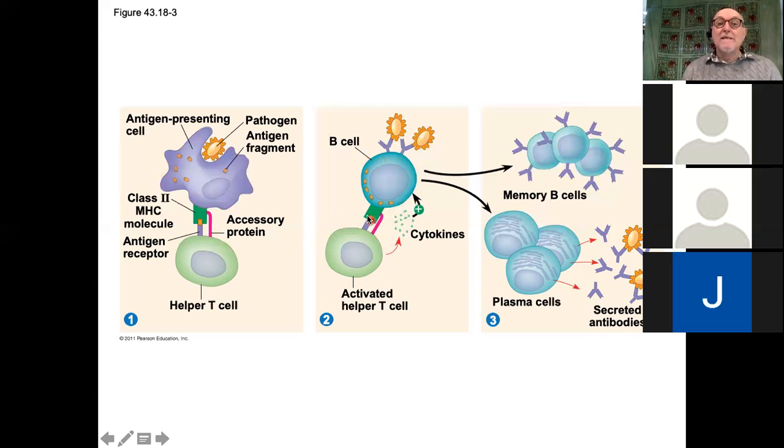The T cell matched that on the dendritic cell, cloned itself, and wandered around trying to match to B cells.